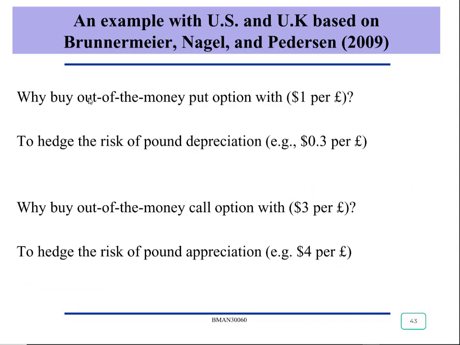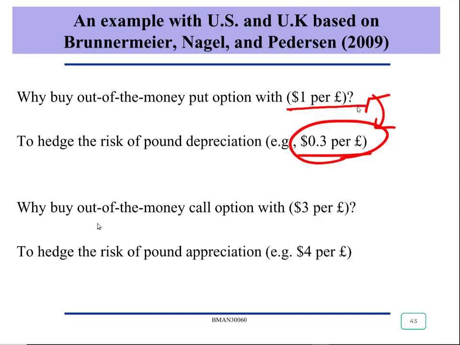By the way, why buy out of the money put options with this strike price? If you exercise this one, you're going to lose now. However, you want to prevent further pound depreciation in the future. You are worried about pound depreciation, something like this in the future. If this one happens, and if you have put options, in these bad situations, by exercising these put options, you will be able to make some profit, the difference.